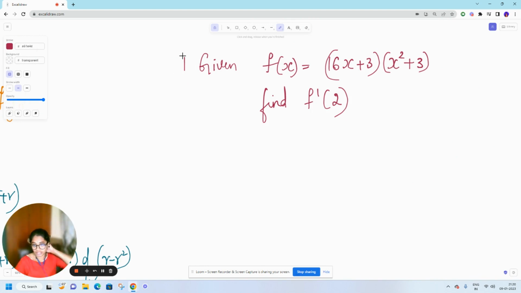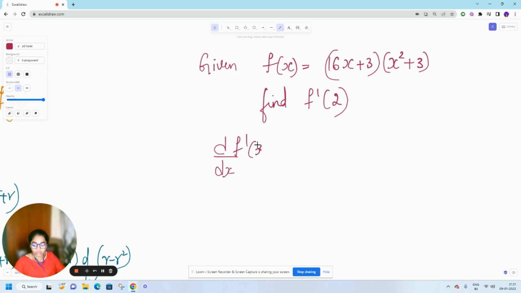Given f of x is equal to 16x plus 3 into x square plus 3, we have to find f dash of 2. What is the first step? Let me find d by dx of f of x.